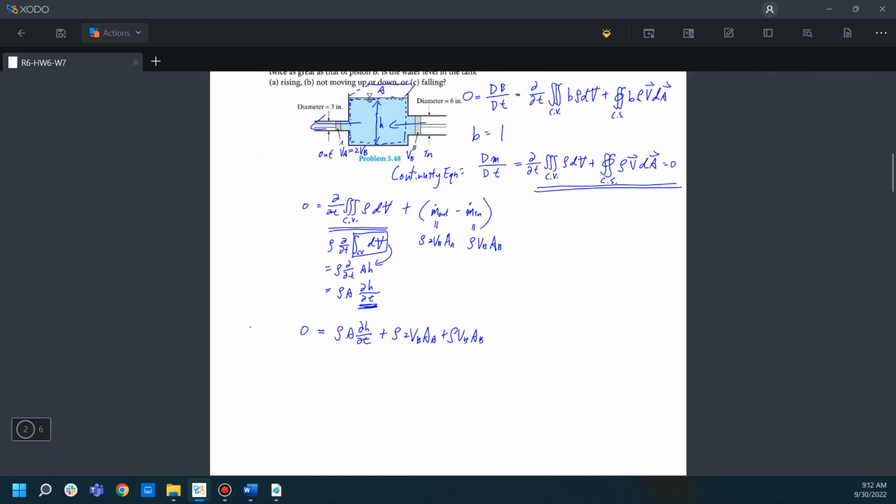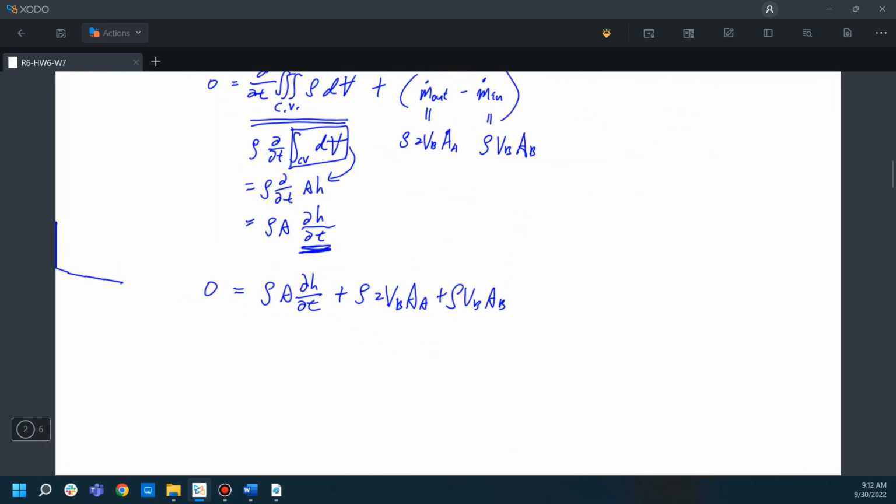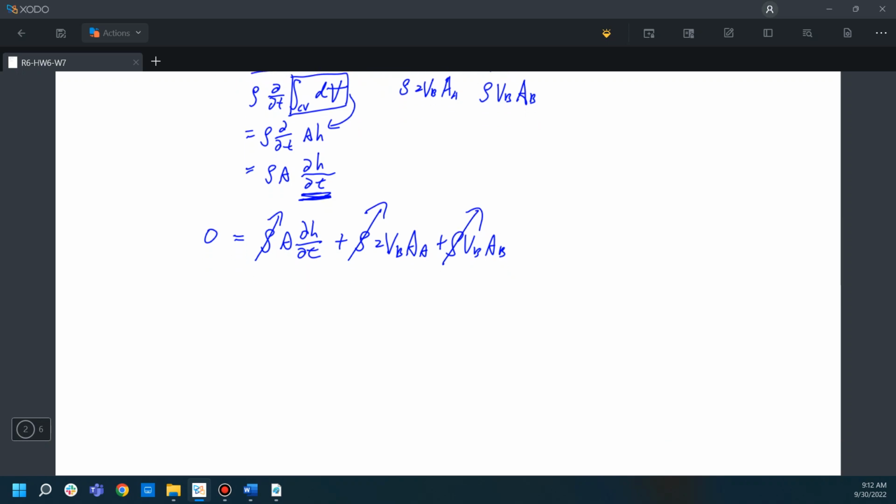Okay, and I cancel this rho term because they are the same. And I will isolate this variable that we want to solve for.